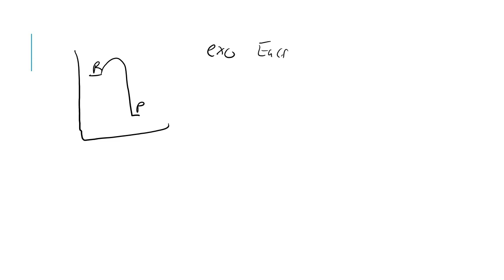So what if we have a reverse reaction? Sorry, an exothermic reaction. So that means reactants to products, and in an exo reaction, the Ea of the forward is less than the Ea of the reverse, right?